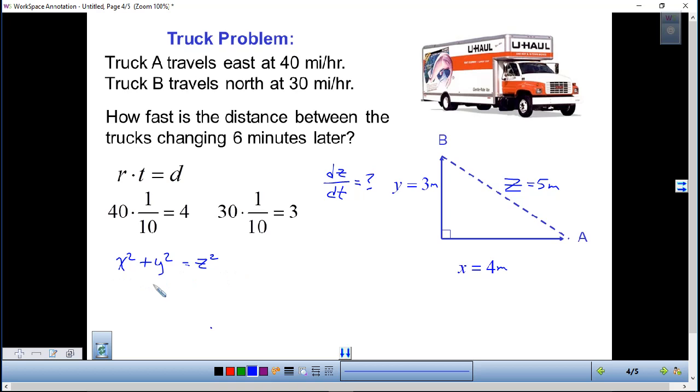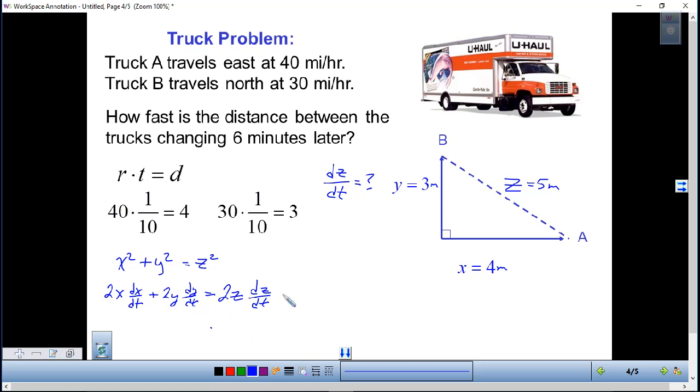So then when we take the derivative here, we're going to get 2x dx/dt plus 2y dy/dt is equal to 2z dz/dt. And that right there is what we're looking for. That's what we're solving for.